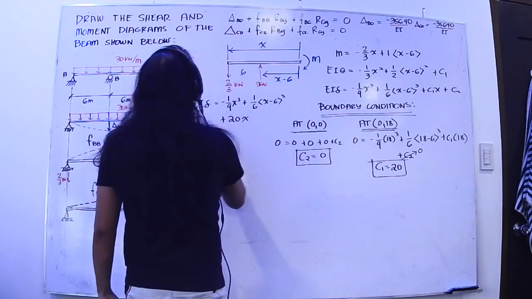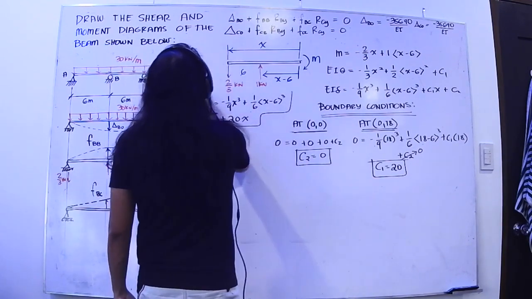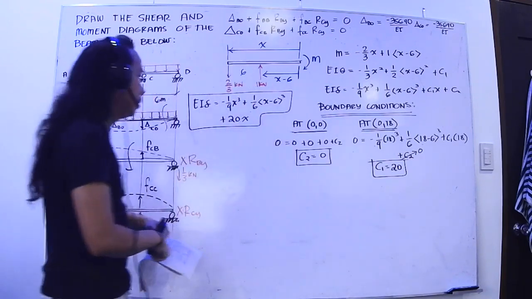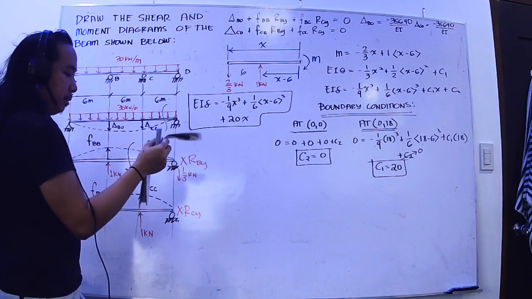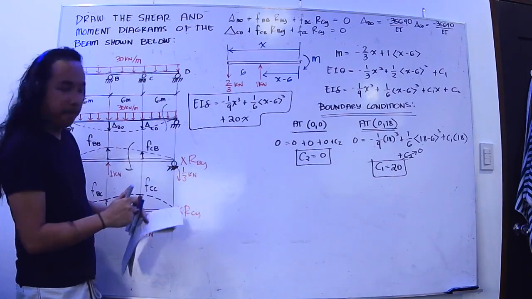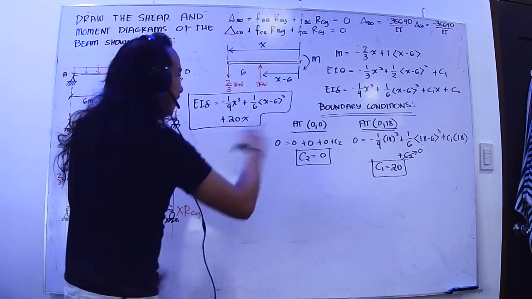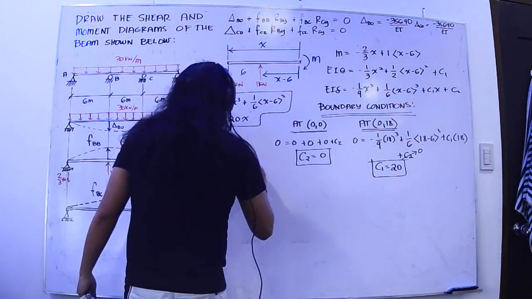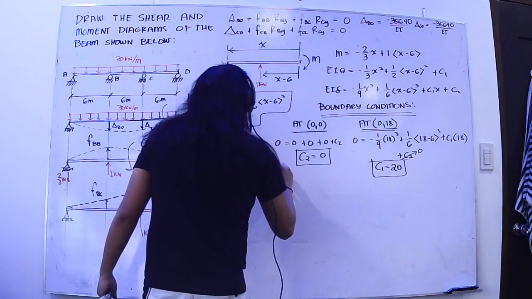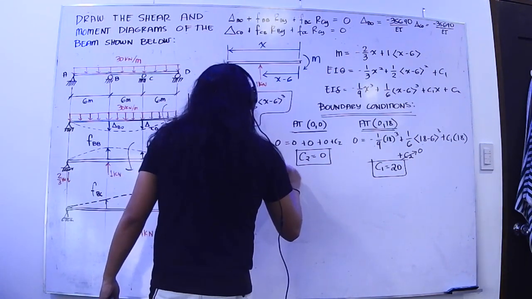C2 is equal to 0, so we have something like this. Okay? These are the equations. So, we go to the deflections now.